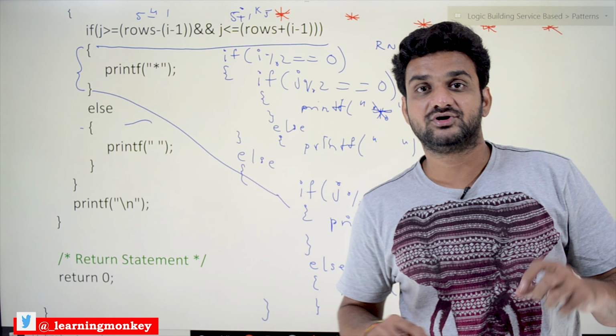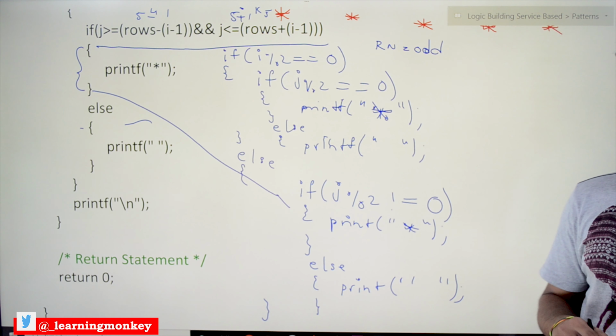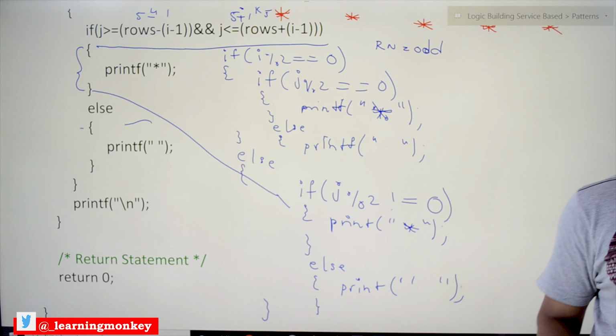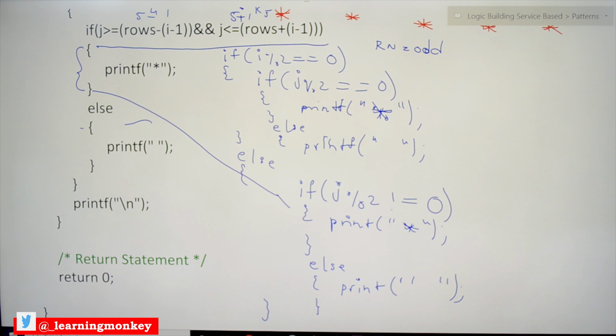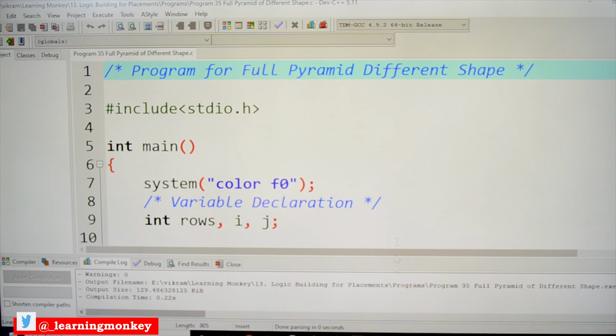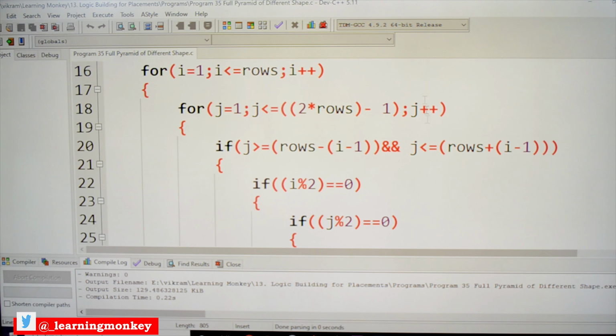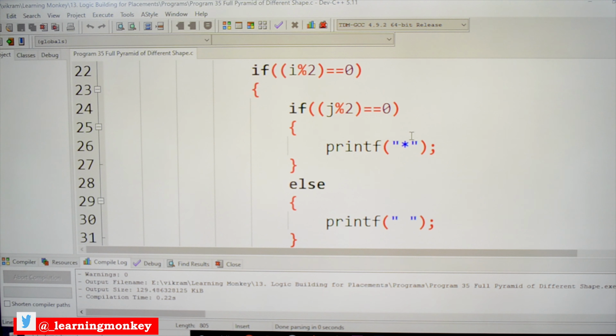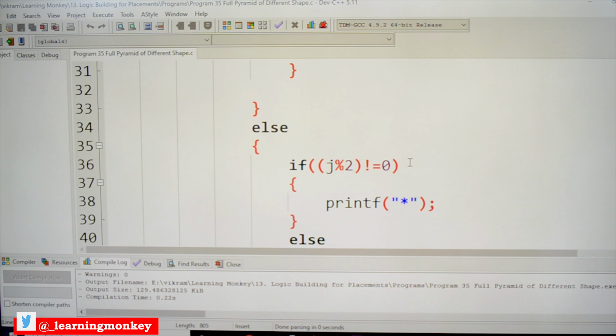Okay, so let's try to implement this program and check whether it works. Coming to the implementation part, this is the program. Same as before: if i mod 2 is equal to 0, if j mod 2 is equal to 0, the same implementation is done.